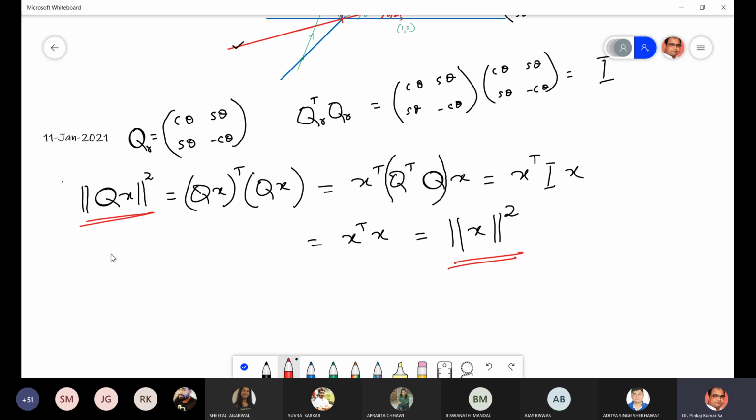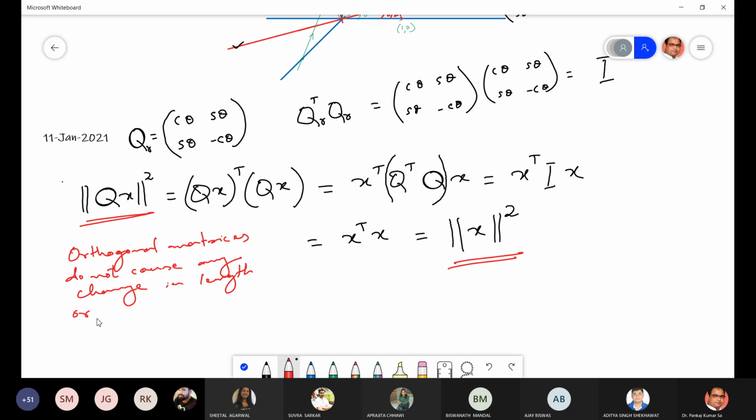So these orthogonal matrices do not cause any change in length, or they do not result in overflow or underflow.